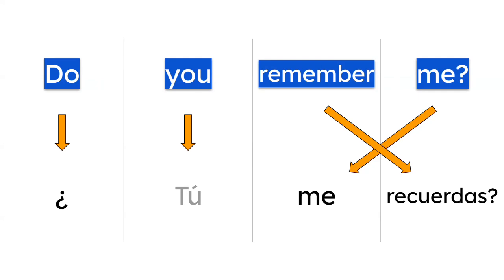Do you remember me? ¿Tú me recuerdas? Or just ¿me recuerdas? As you already know, in Spanish we usually tend to drop the subject pronouns, right? Me recuerdas is more than natural, and that's perfect.